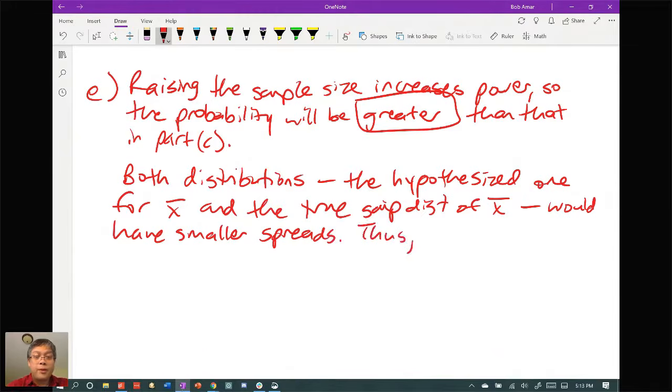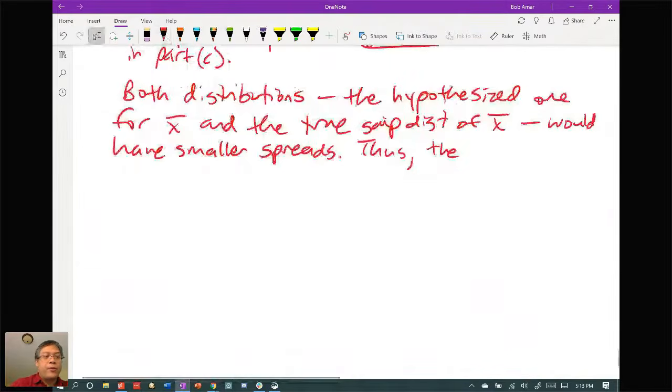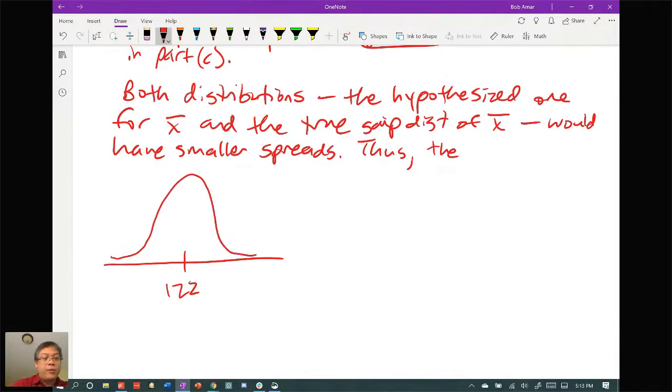Thus, let me show you what happens here. So this is centered at 122. So it would have a smaller spread than it used to. It's basically that case.